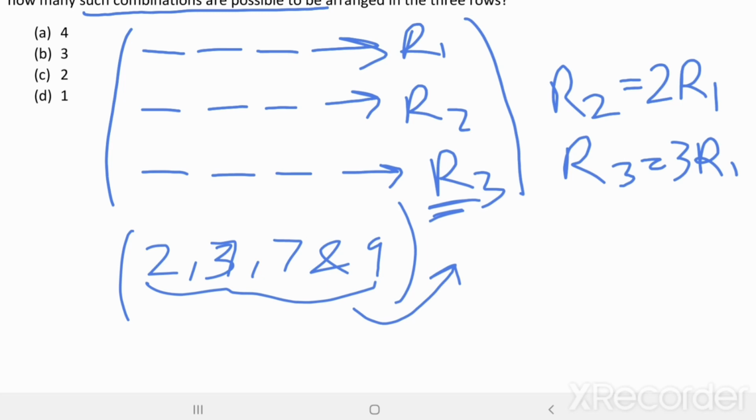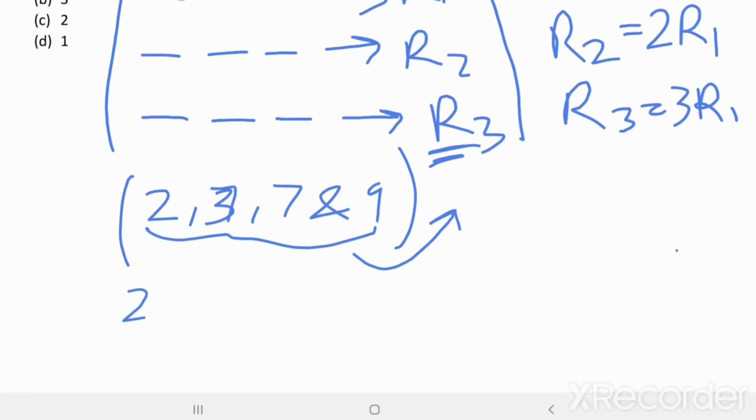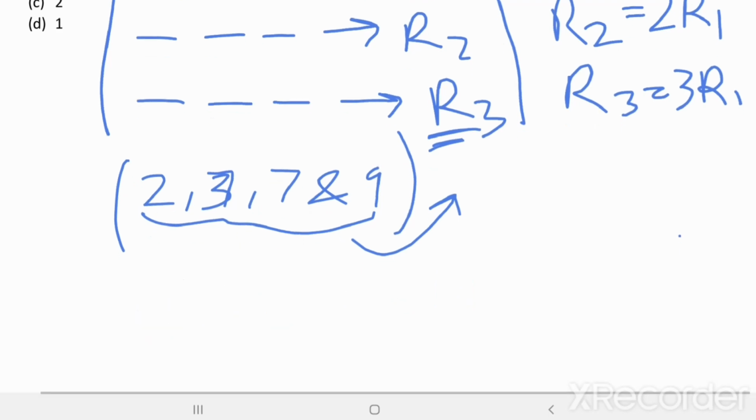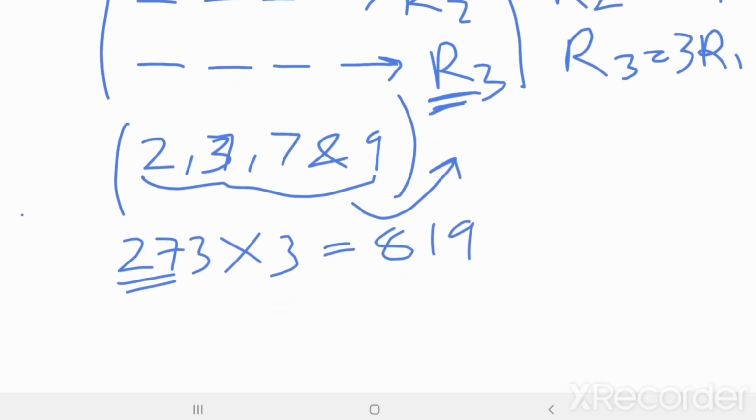Suppose I am choosing 273 in the first row. Then 273 into 3, we are getting 819, which is a 3-digit number. So we can use this in third row. So this can be one first row number. Now see another number 732.